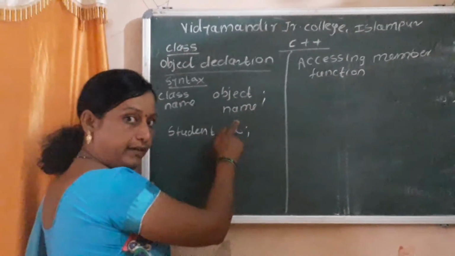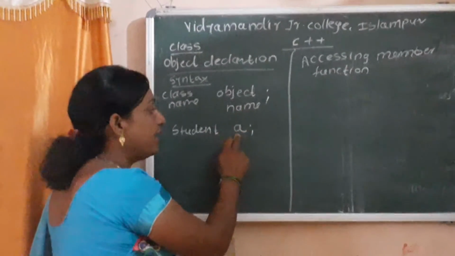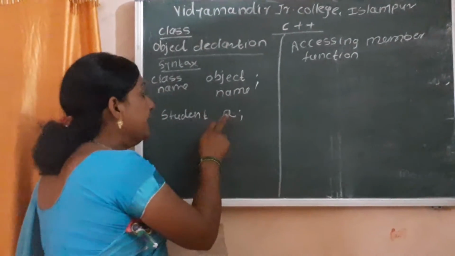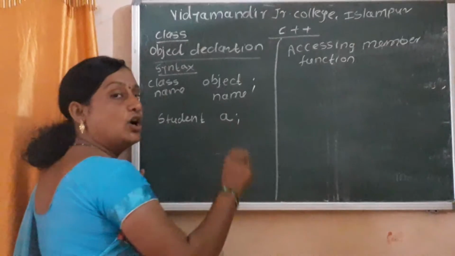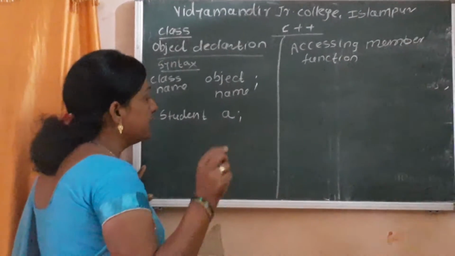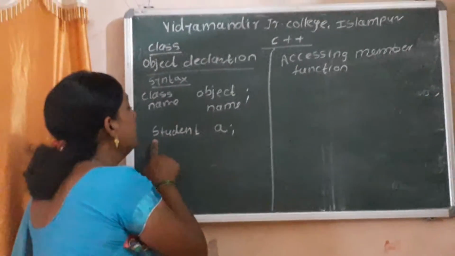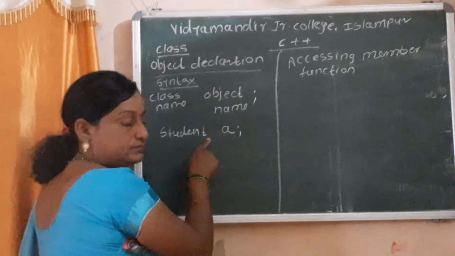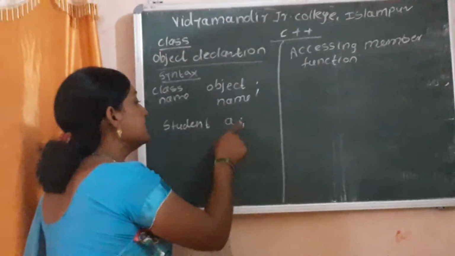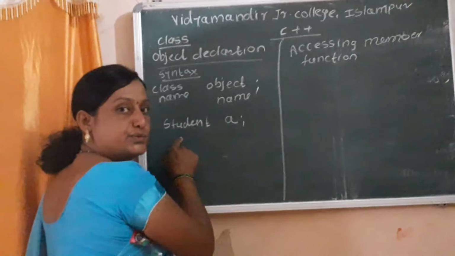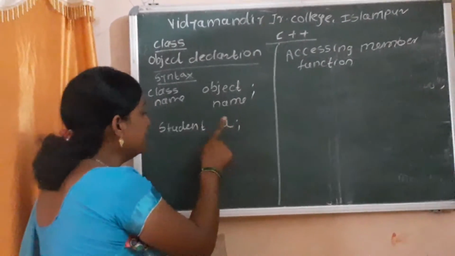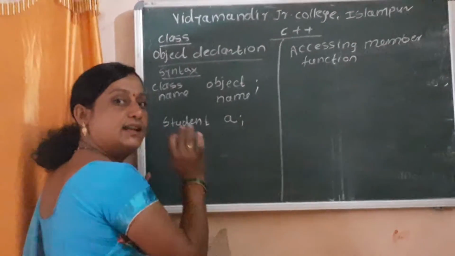Here I write variable a. It tells that a is a common variable or the object name whose data type is student, or a is a member of the student class. A is an object of the student class.